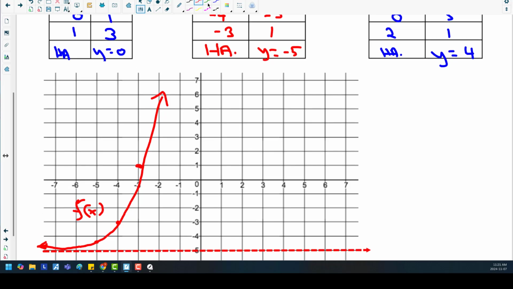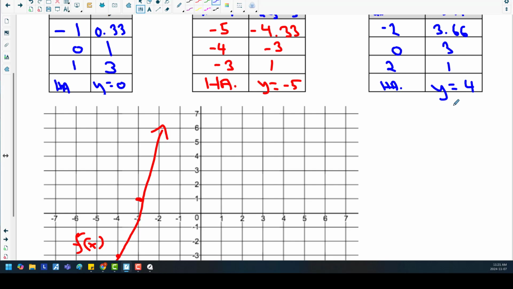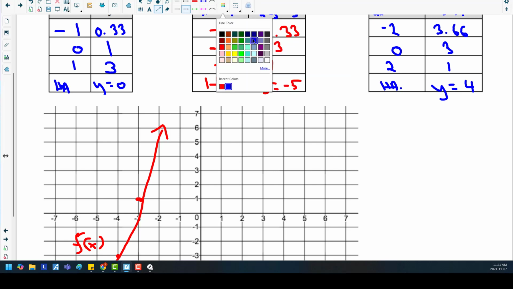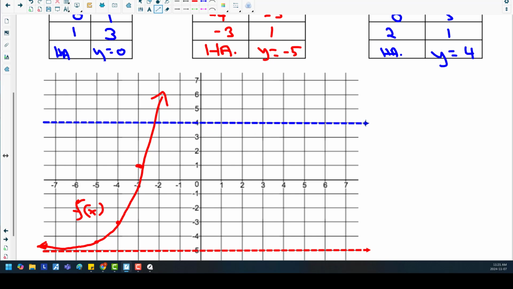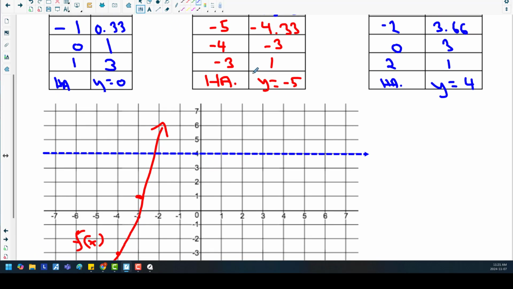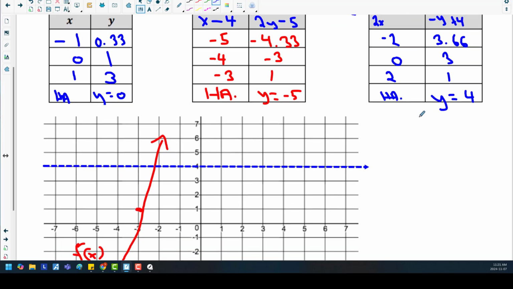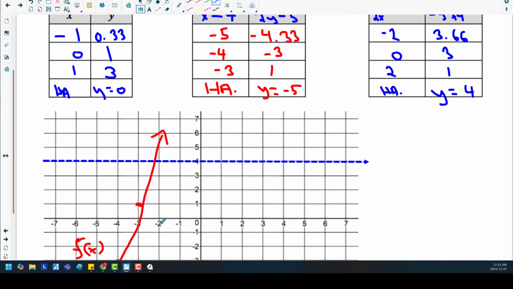Let's do g of x in blue. G of x is y equals 4. That is the horizontal asymptote. So let's start with that. And it's at y equals 4. So it's over here. And then our values are -2 and 3.66. So 3.6 is roughly there.